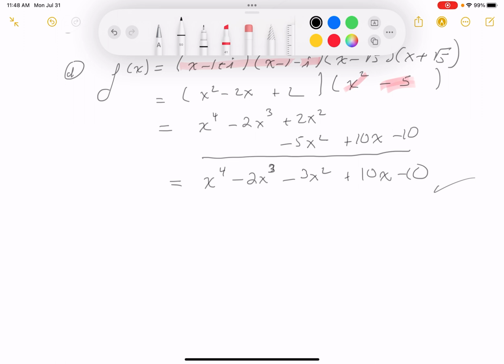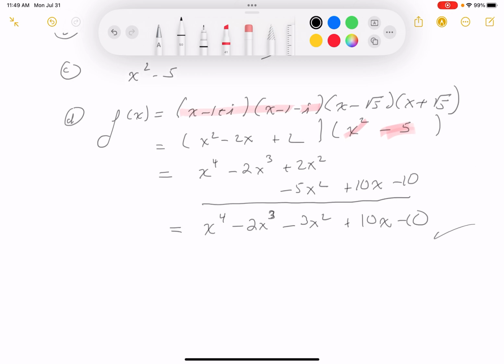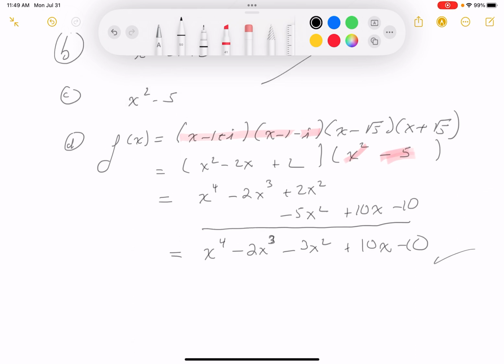D. Did I skip something over here? I think so. Oh, I'm sorry. This is actually E. D was factor x squared minus 5. I'll write that down now. And I believe this is E. Verify the factorization.